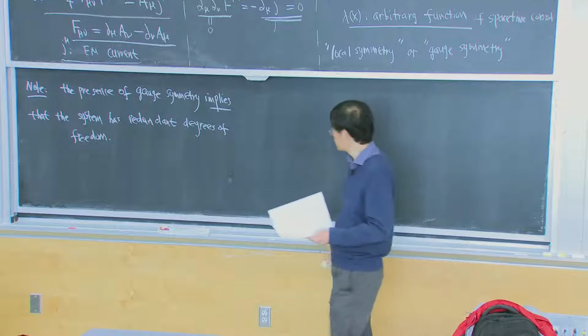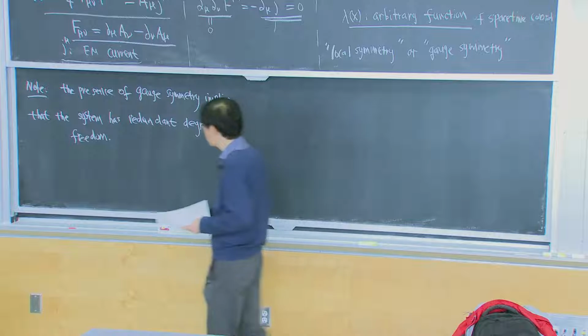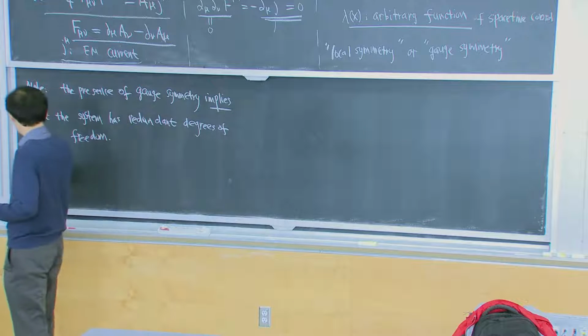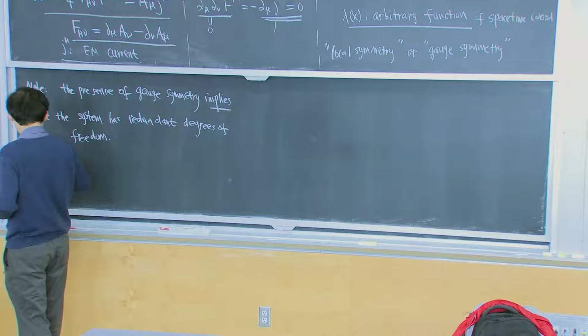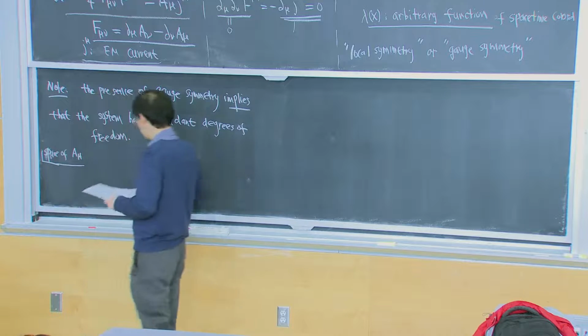So let me give you a cartoon to illustrate this point. The space of A mu is, of course, an infinite dimensional space, but let me imagine this blackboard plane is the space of A mu.